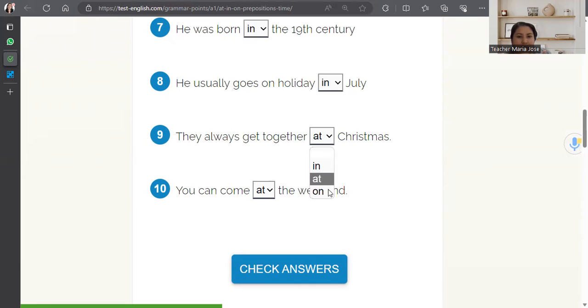Normalmente ustedes van a utilizar la expresión on si, por ejemplo, aquí tuviéramos day, Christmas Day. Ya sabemos que técnicamente es un día especial, pero como no tenemos la palabra day, entonces vamos a utilizar at, ¿ok? Recuerden que el on es específicamente para days. Entonces, si no tenemos day, no podemos utilizar on.